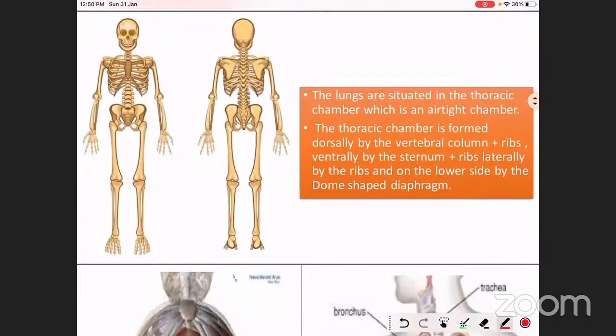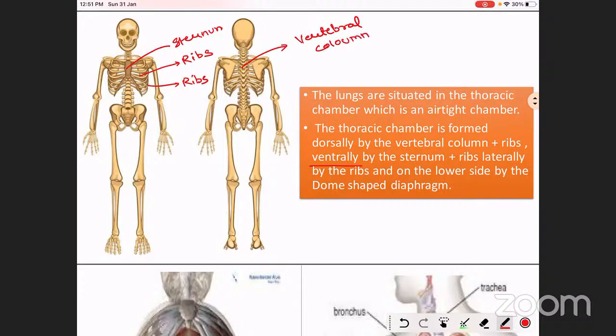If we move forward, we have already talked about the thoracic chamber, so we can revise it again. The thoracic chamber is formed ventrally, from the front, by the sternum and ribs. Laterally, on the sides of your body, ribs are again present. If we go to the back side, we get the vertebral column.